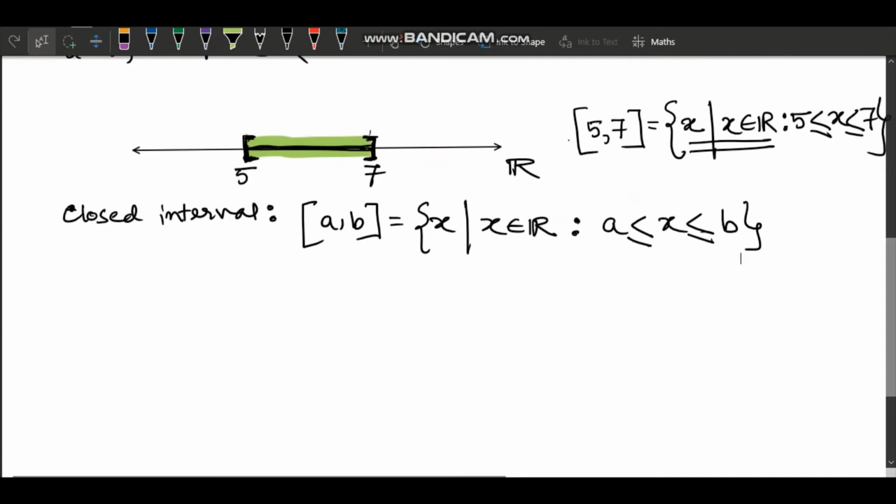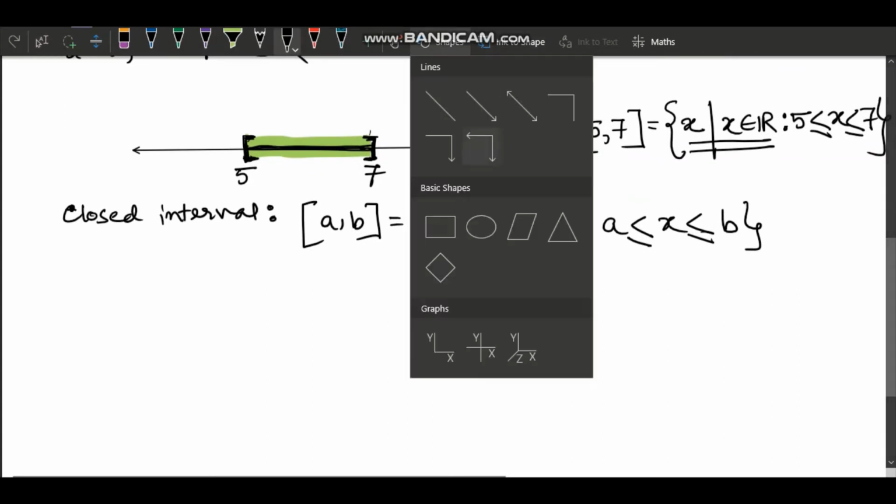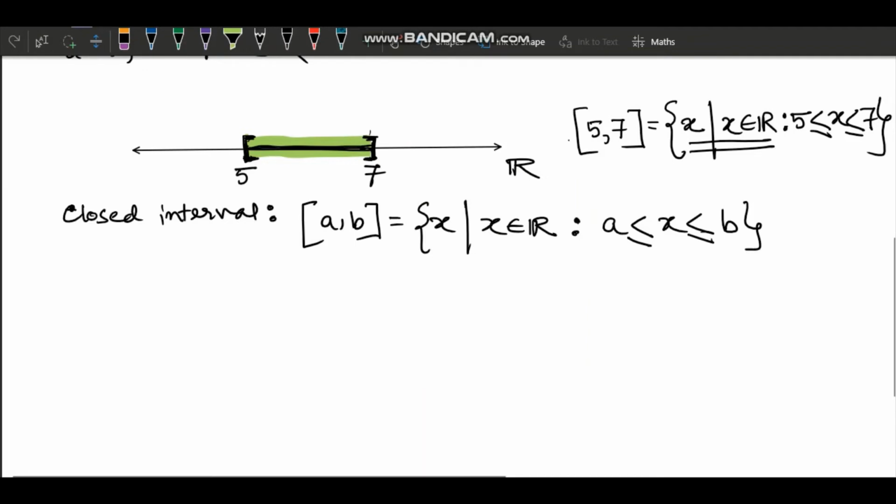Same way we can discuss an open interval. Obviously the difference between a closed interval and an open interval is that in a closed interval the doors are closed, but in an open interval the doors are open. So the numbers which are just adjacent to the door can move out.